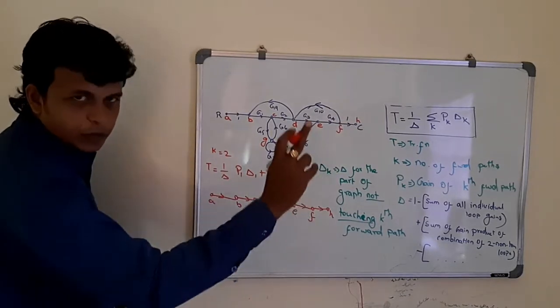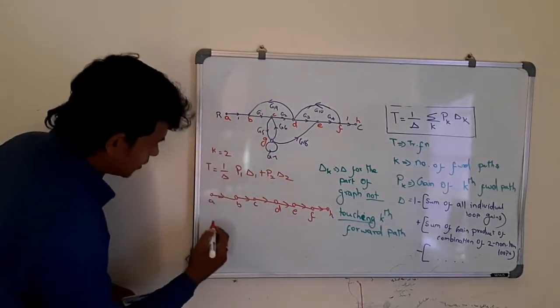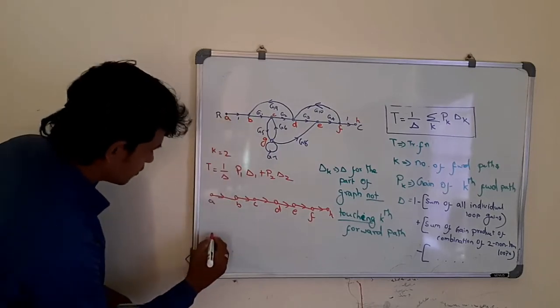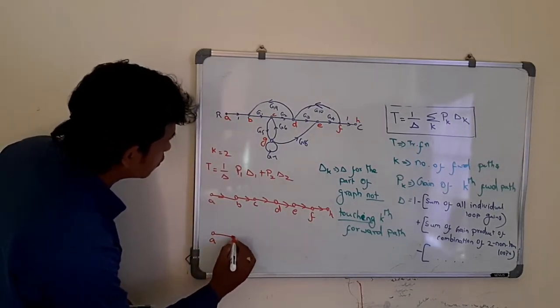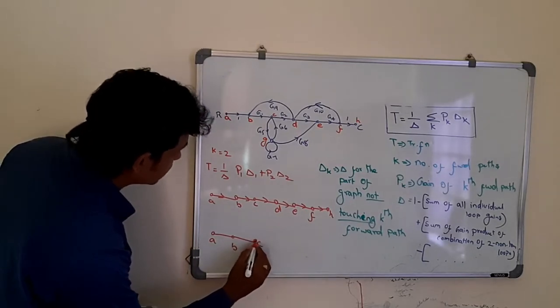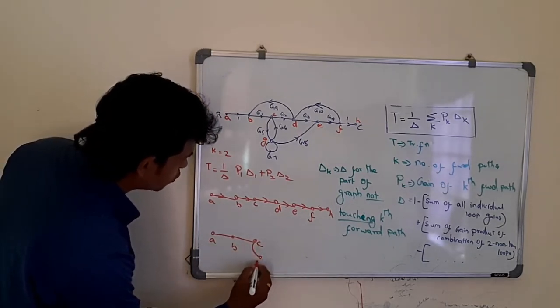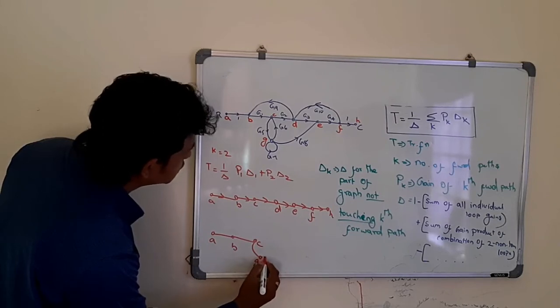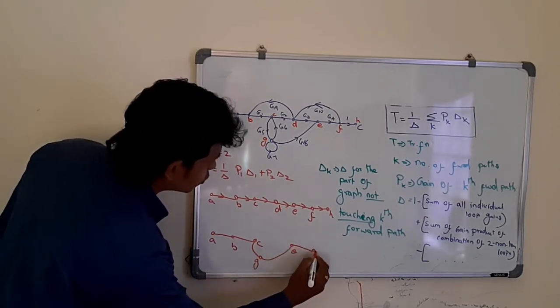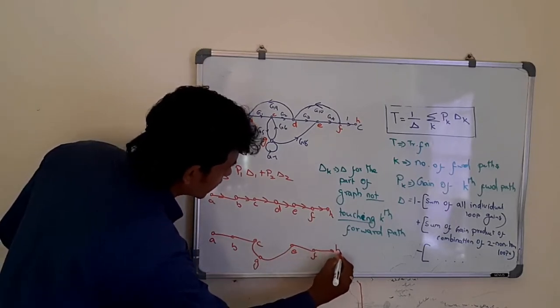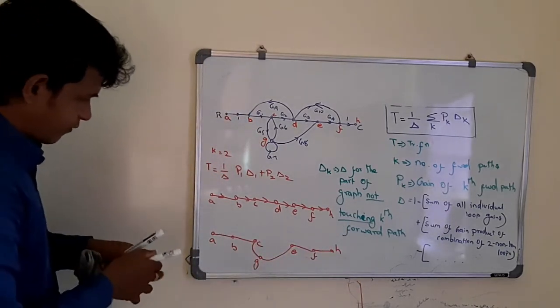Okay, it is unidirectional. Then another forward path is from node A to node B, node B to node C, and from node C to node G, node G to node E, node E to node F, node F to node H. So this is another forward path.